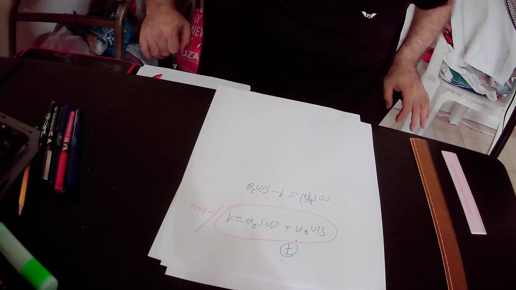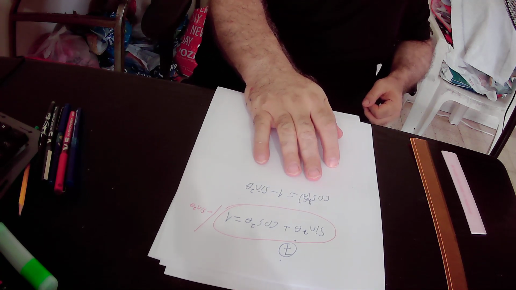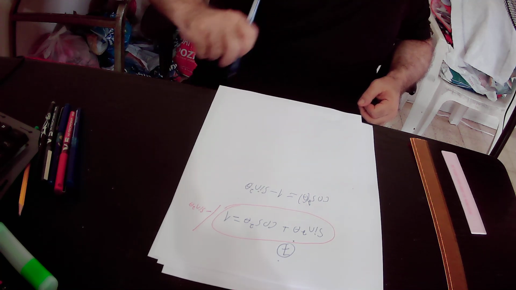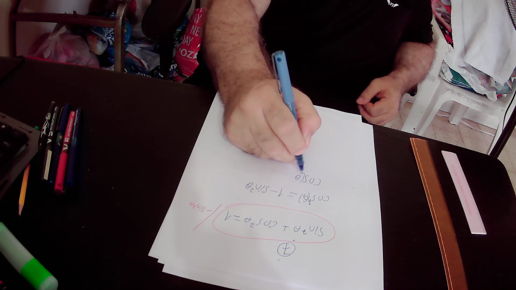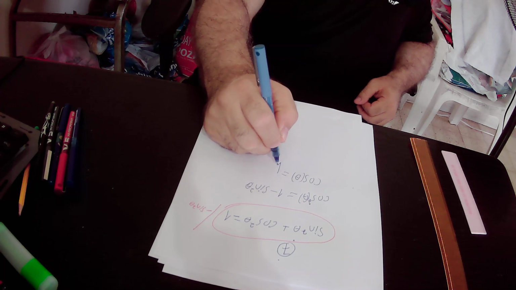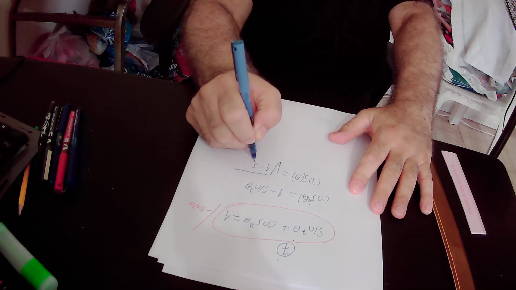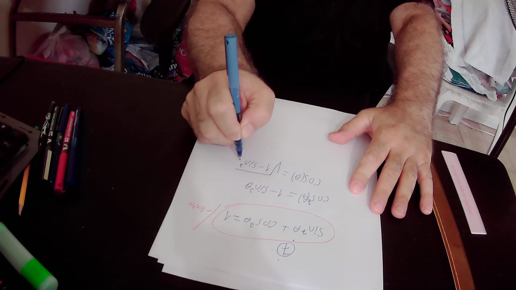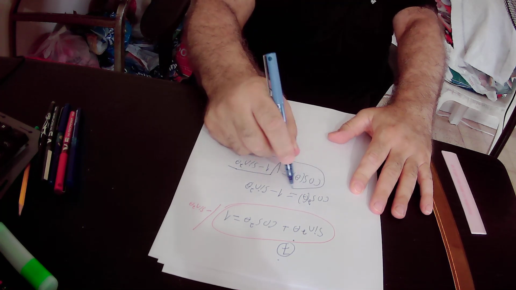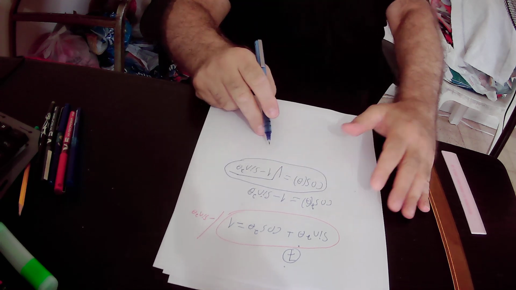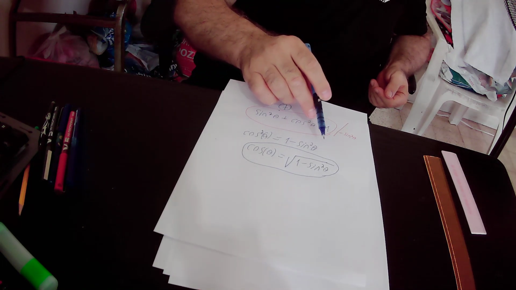In the next step, we will take a root out of this equality, and we will get that the value of cosinus theta is the root of 1 minus sinus theta squared.